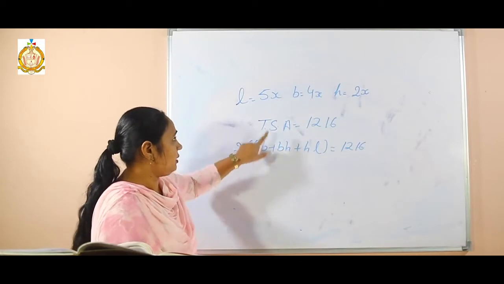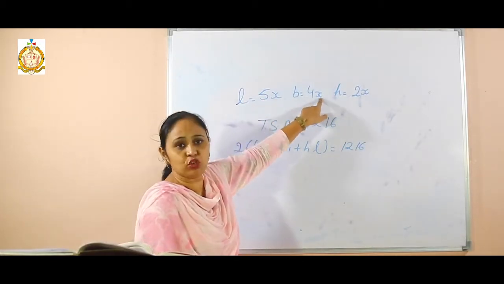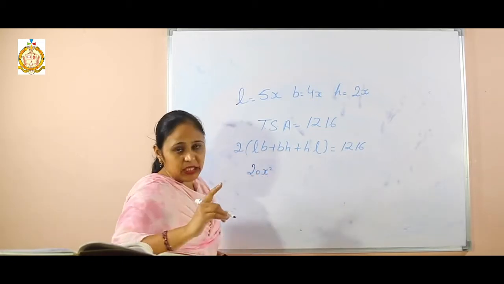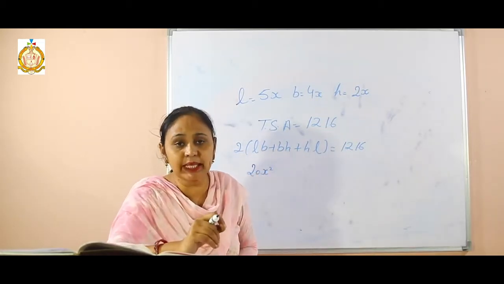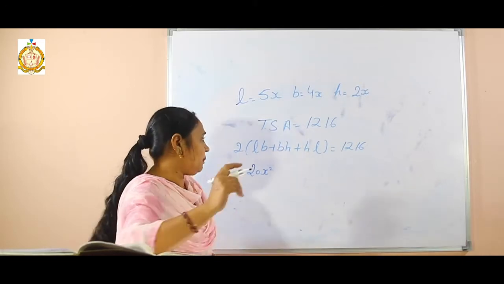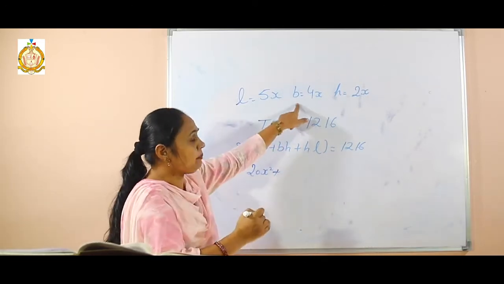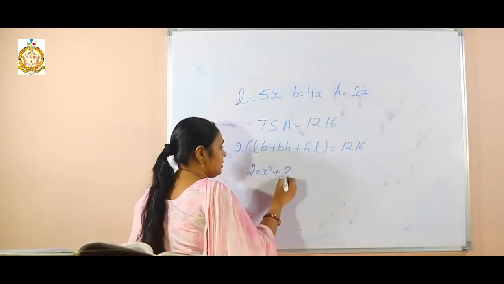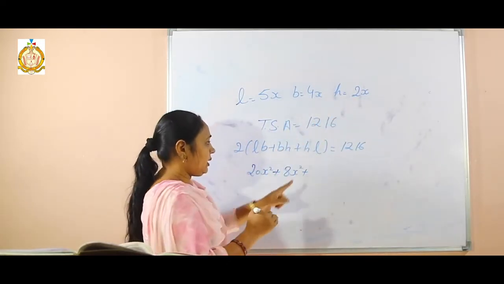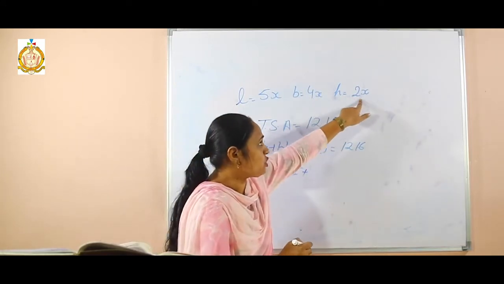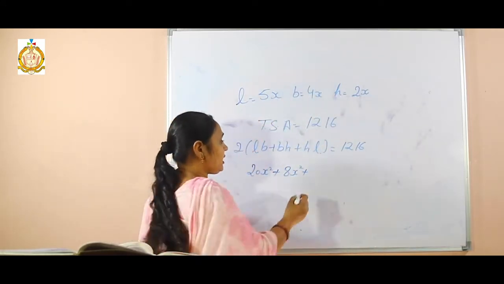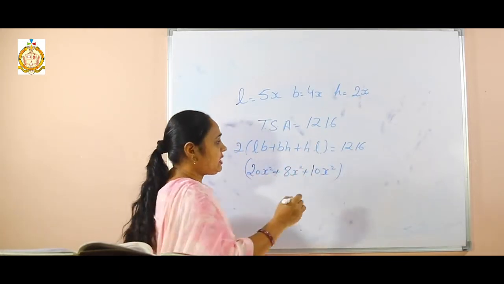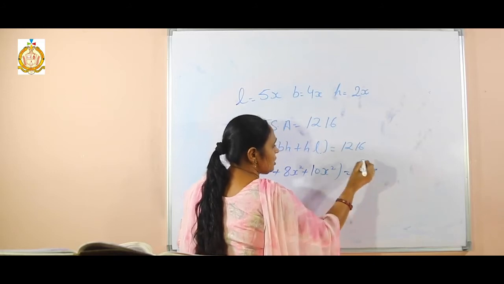Now LB, 5x multiply 4x, becomes 20x square. Remember, when the variables multiply, it becomes the power. Then plus B multiply H, 4x multiply 2x, 8x square. Then H multiply L, 2x multiply 5x, 10x square. This 2 goes to that side and divide, it becomes 608.